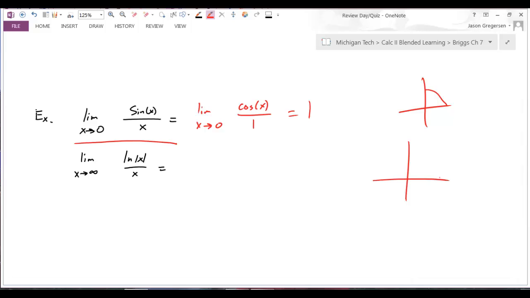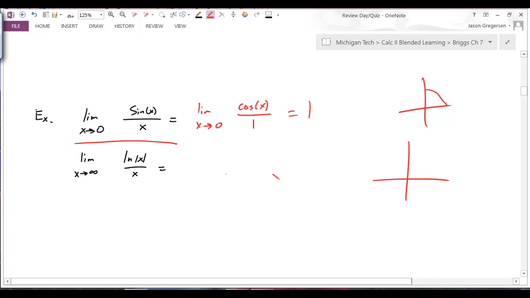But as the denominator goes to 0, it wants to make this fraction bigger. If I had the limit as x goes to 0 of 1 over x, that's infinity. But if I had the limit as x goes to 0 of x, it would be 0. So it's that battle case that I'm in here.